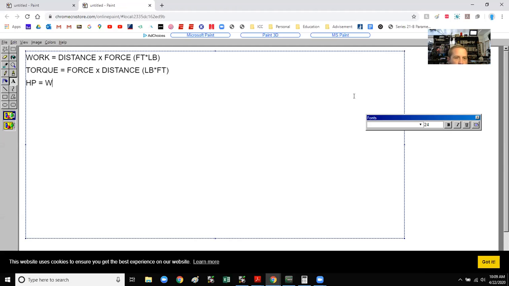Horsepower is work divided by time, done in a given amount of time. So what does 1 horsepower equal? Like 33,000 something? 33,000 what? Foot-pounds. Foot-pounds per minute. Pounds per minute? Foot-pounds is wrong. Pounds per minute is wrong.